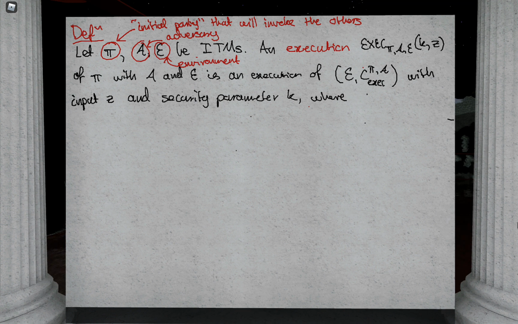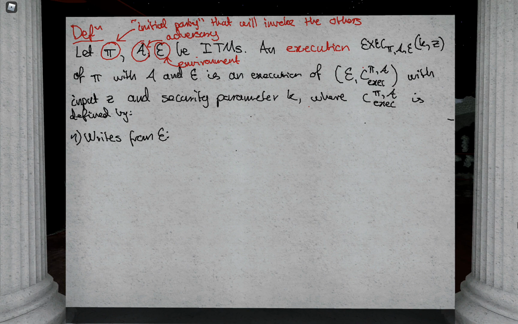Where we define C as follows. Okay, so we have an execution of the environment with a particular control function on input Z, and we're all parameterized by some security parameter K, which is going to become asymptotic. And our control function is defined like this. So the first case is when the environment is writing a message.